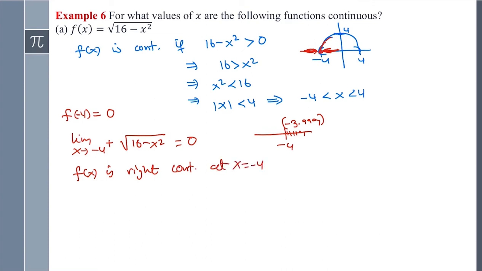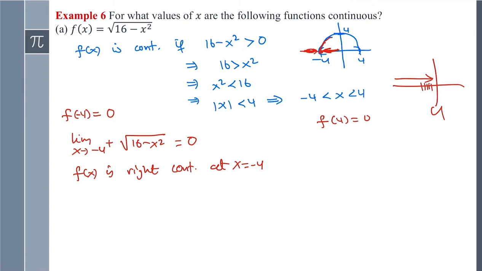Similarly, we can go ahead and check if the function is left continuous at x equals 4. So again, let's find f of 4, which is 0. And then when x approaches 4 from the left, sorry, here we are going to check the left continuity. These numbers are 3.999, which are close to 4, but they are less than 4.